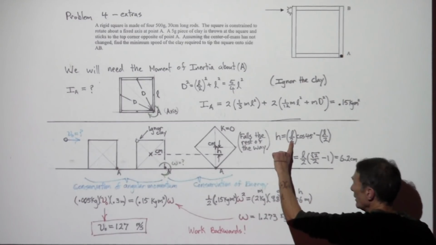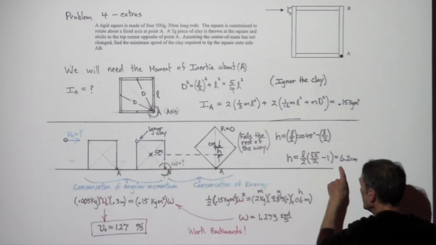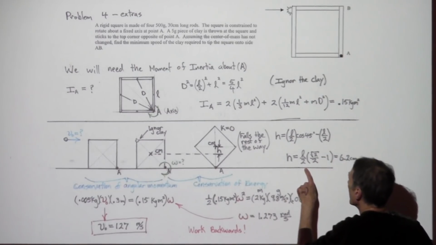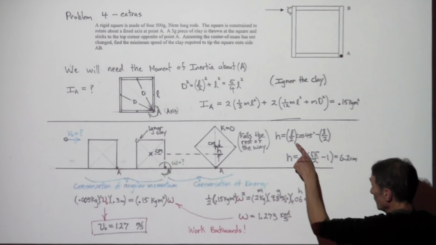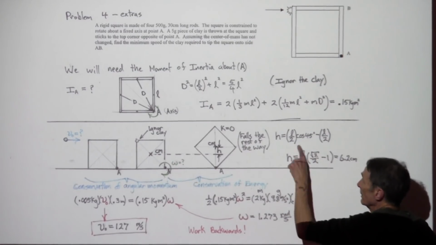So right now I'm not sure about the problem. I'm not sure that this is the right answer. I'm very suspicious of it now. It really seems like it should just be L cosine. Yes, I agree.